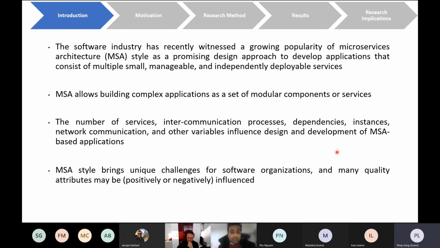The number of services, intercommunication processes, different kinds of dependencies, instances of microservices, network communications and their protocols, and other variables influence the design and development of microservices-based systems. Microservices architecture styles bring unique challenges for software organizations, and many quality attributes may be positively or negatively influenced.